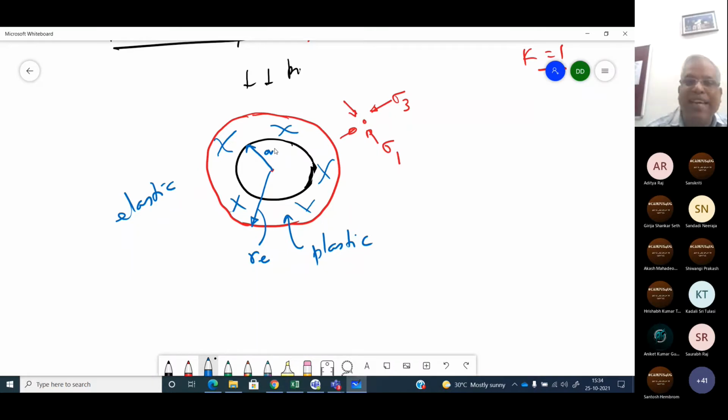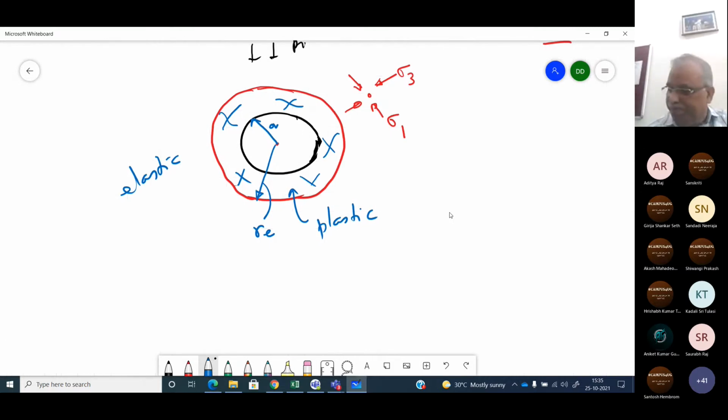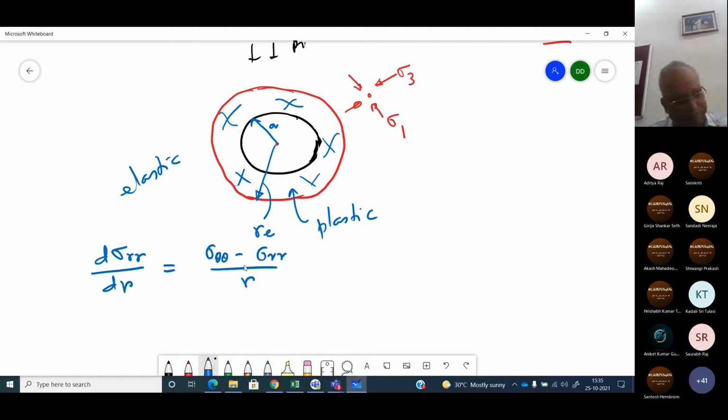Now since it's k equals to 1, it is theta independent. The stresses are theta independent also. So since it is theta independent, we can now write, from your chapter 4, d sigma rr by dr is equals to sigma theta theta minus sigma rr by r.